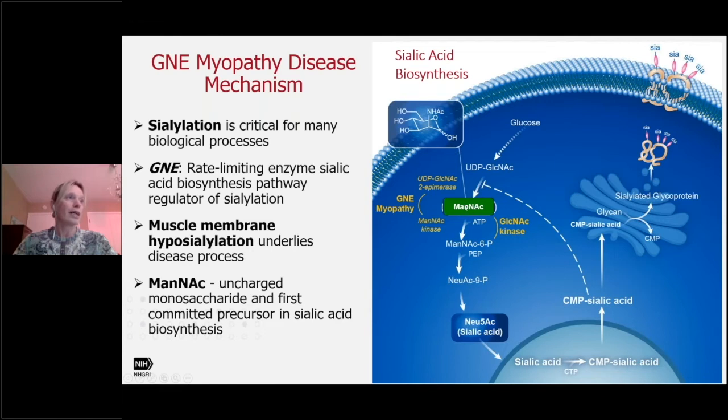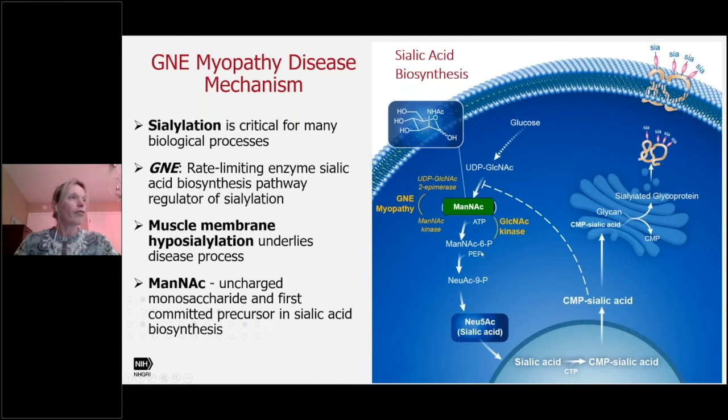So GNE can then convert ManNAc directly into sialic acids, which can be used to make sialylated proteins. And note that where ManNAc comes in this pathway, it is after this feedback inhibited step. So by giving ManNAc, you can make as much or as little sialic acid as you want by changing the dose.